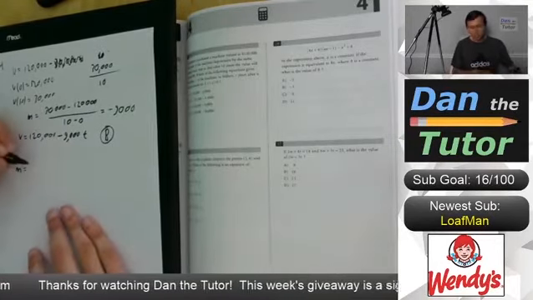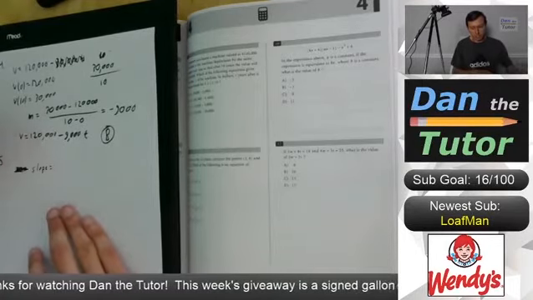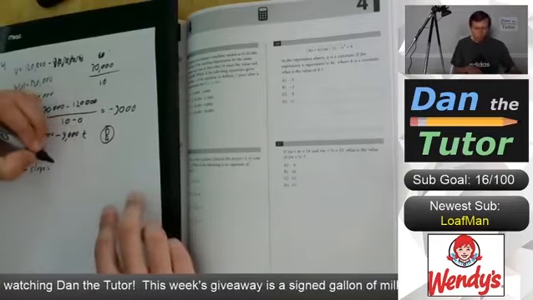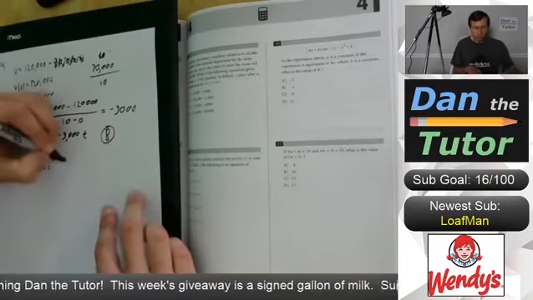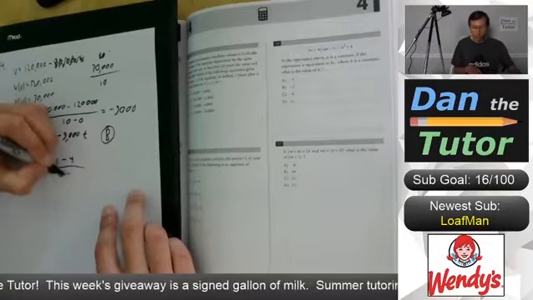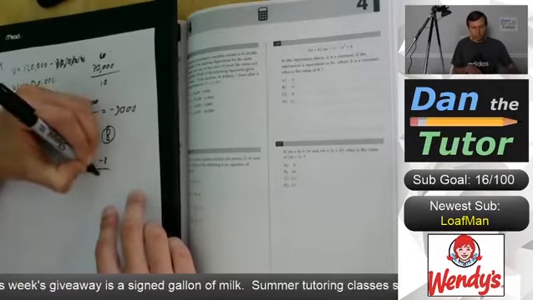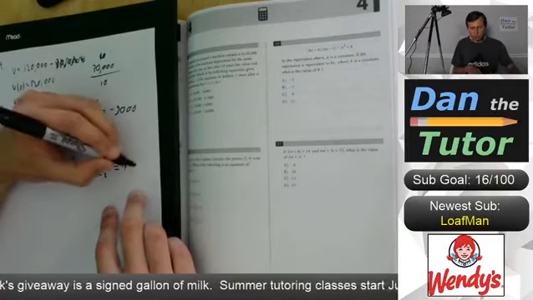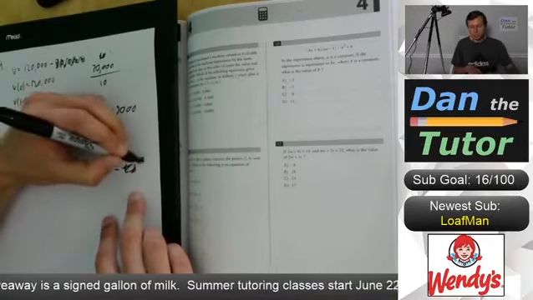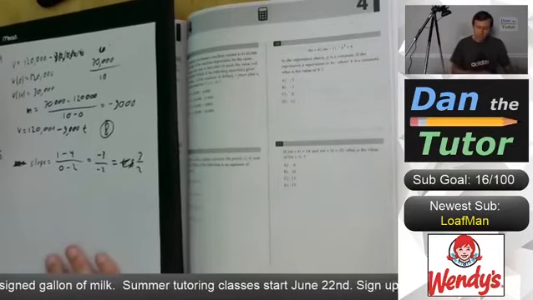It's kind of annoying because they use M as the name of the line, so I'm going to say slope instead is equal to y2, 1, minus y1, 4, over x2, 0, minus x1, 2. We get negative 3 over negative 2, which is 1.5, or I'm seeing the answer choices there, 3 halves. You always want to be consistent with the answer choices.